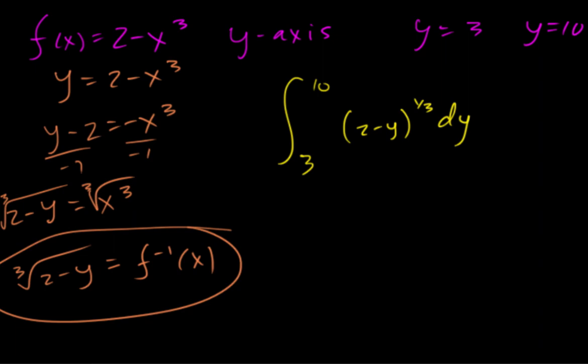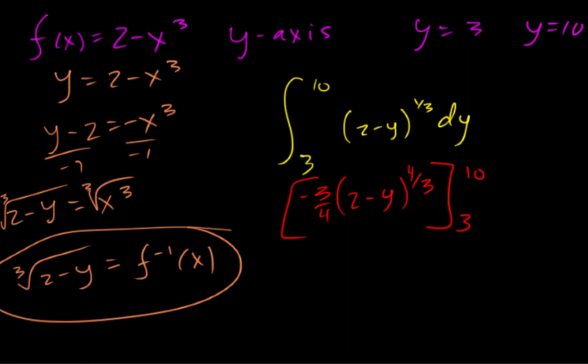Then we take the antiderivative of that, so that's 4/3 power, 2 minus y. Divide by the new exponent, and then we also divide by the derivative of the inside, which is -1. So that's what we end up getting, going from 3 to 10.